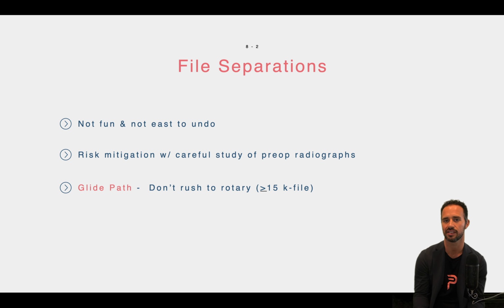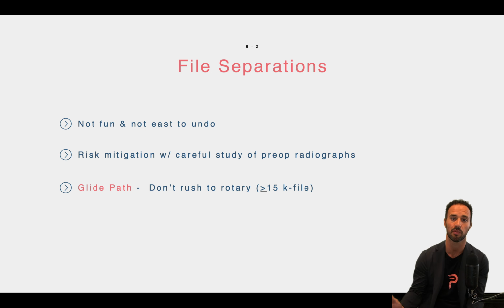And then next is a slightly more common complication, which is your file separations. Now, it shouldn't be very common, obviously, but it does happen from time to time. And there's an old adage, as you already know, if you haven't separated a file, then you're not performing enough endodontics, because it happens to everyone at some point. But it should only happen 1-2% of the time.